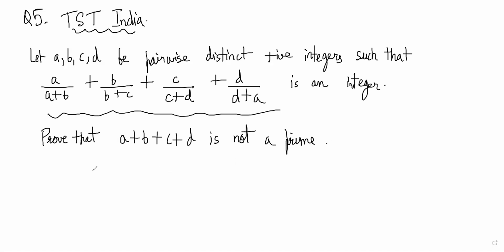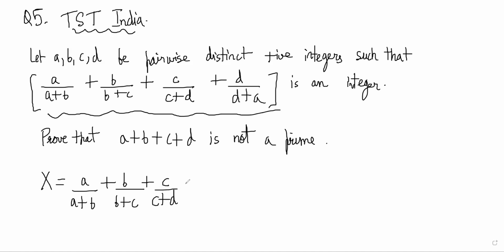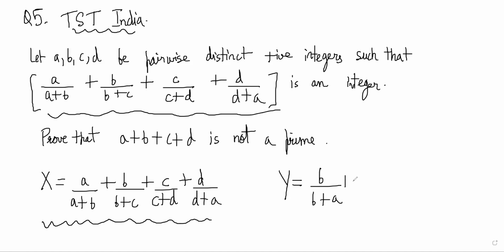Okay. So in order to approach this problem, we have to deal with this sum of fractions, right? Well, let's call it x is equal to A by A plus B plus B by B plus C plus C by C plus D plus D by D plus A. Now, by symmetry, you can define another y, which is B by B plus A plus C by C plus B plus D by D plus C plus A by A plus D, right?